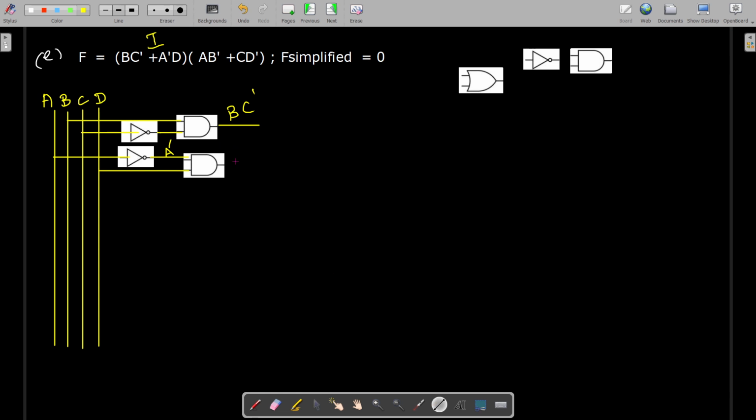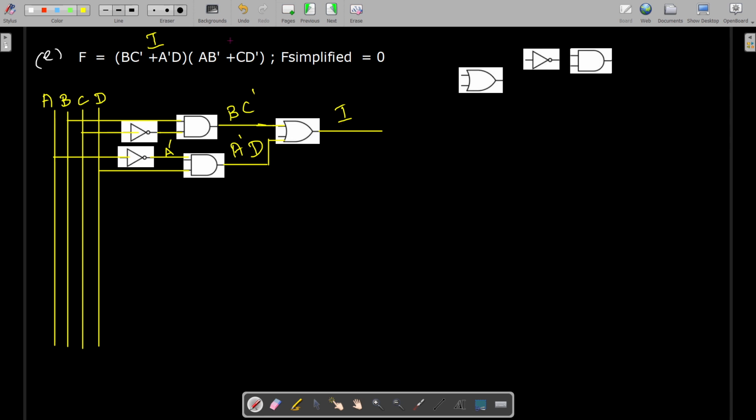So at the output of this AND gate we get A dash D. The outputs of these two AND gates must be combined using a two input OR gate. So this output gives us the first term, that is BC dash plus A dash D.